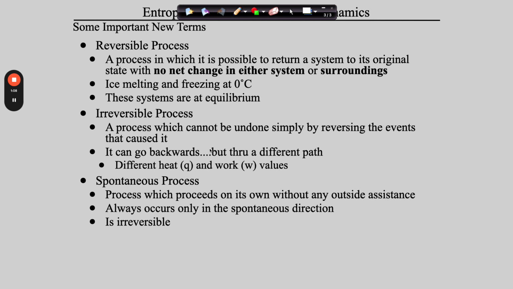So guys, we are surrounded by a world of processes that could go in both directions, but they don't. So the only thing that we see is the spontaneous process. We never see the non-spontaneous process. And guys, those are what we call irreversible processes. They can be undone, but they don't undo themselves on their own.